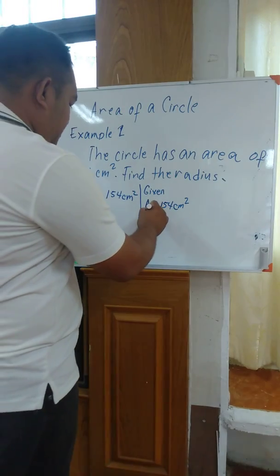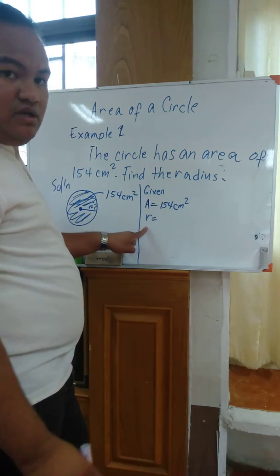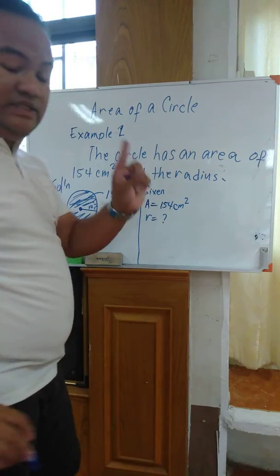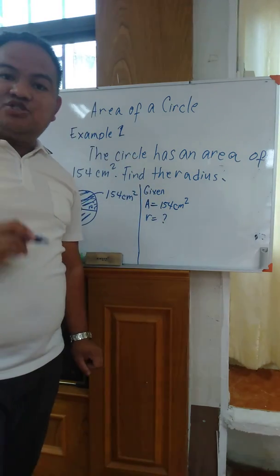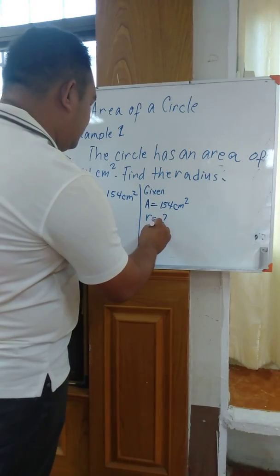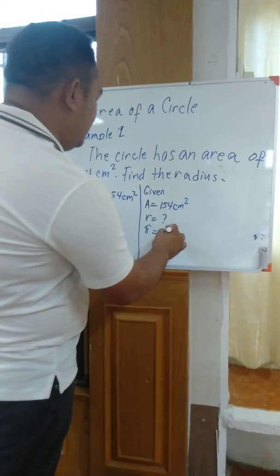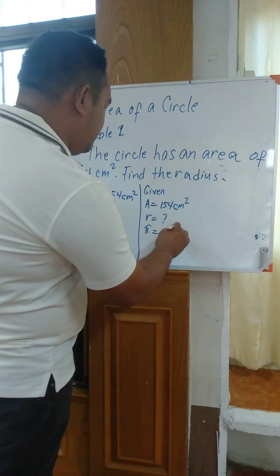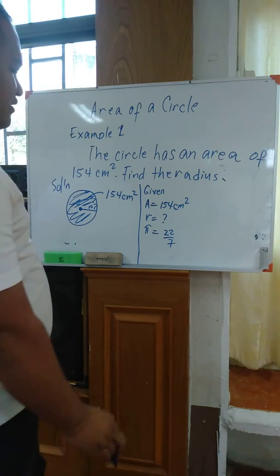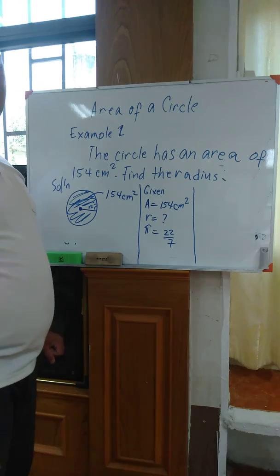And we have also the component of radius, which is what we are about to find, so just leave it as a question mark. And of course, the automatically given, remember, it is constant: we have 22 over 7. Okay. After that, you have completed all the given.